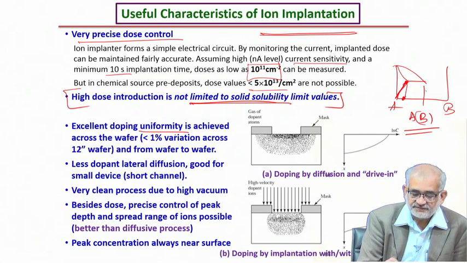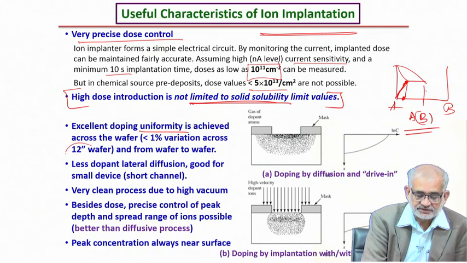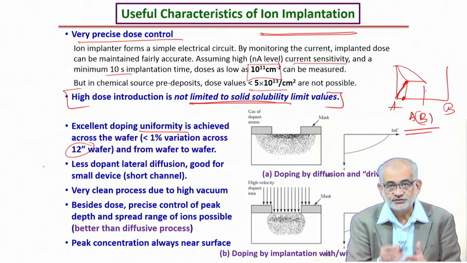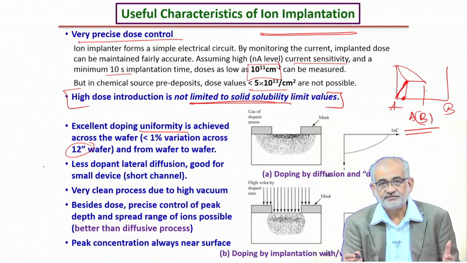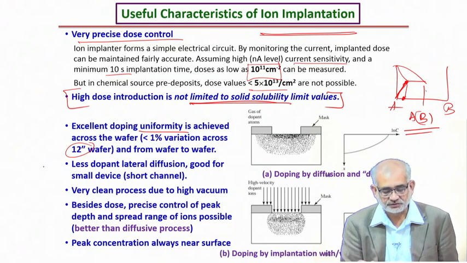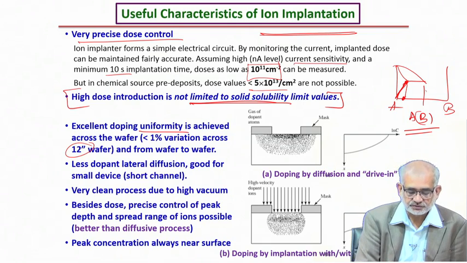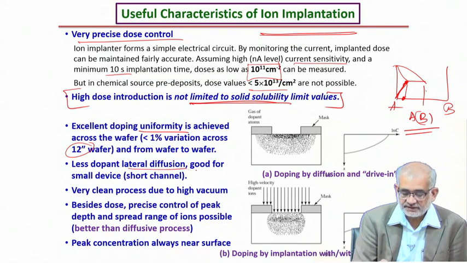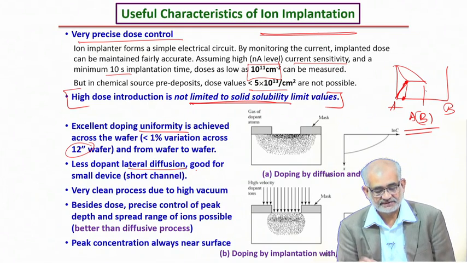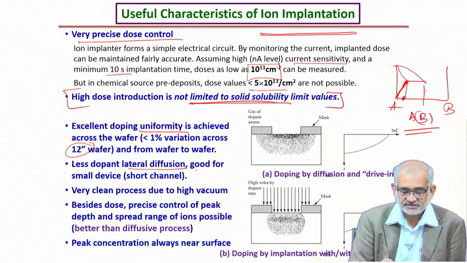I also can achieve fairly uniform doping. For example, even a 1 foot diameter wafer can be implanted with the same concentration of ions throughout, such a precise control. The dopant diffusion along the lateral direction is small, and that's really an advantage to us.